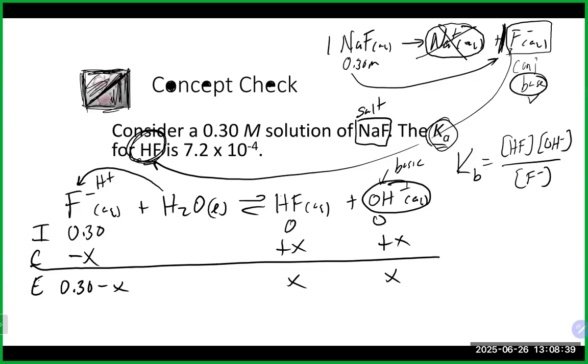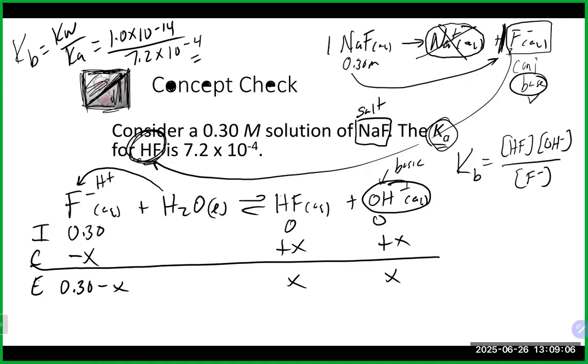I am given the Ka. So you do not want to use the Ka value here. We do need to get to the Kb, which would be Kw divided by the Ka. So that is our 1 times 10 to the minus 14 divided by 7.2 times 10 to the minus 4. That's going to give us the Kb that we actually do need to use in this calculation.